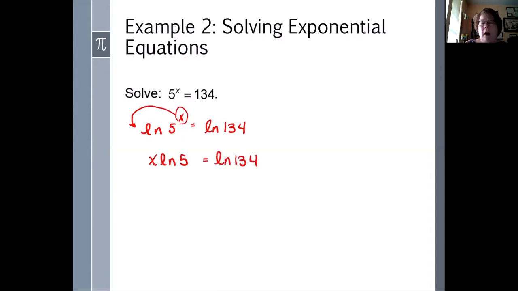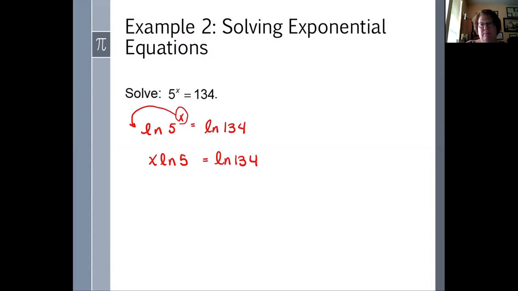All right, let's pause and talk about what natural log of 5 and natural log of 134 mean. They're numbers. They are real numbers. The natural log of 5 is the exponent you would raise e to get 5. It's a number. Now, it's not going to be a nice, pretty integer or rational number.